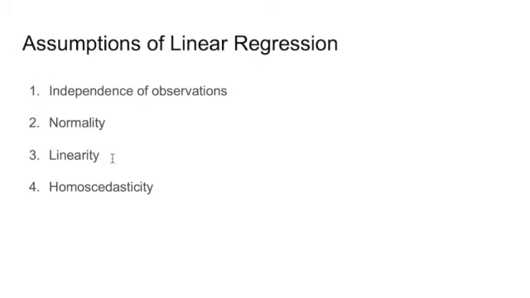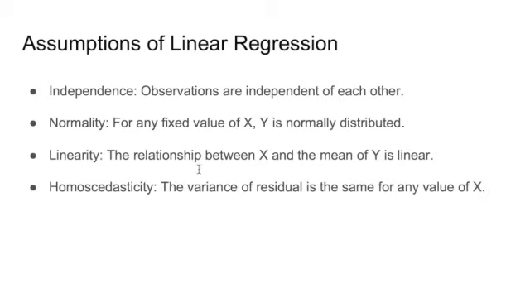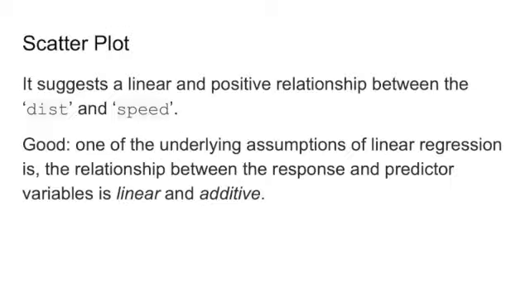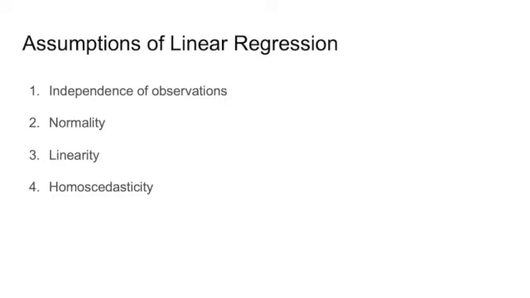Linearity means we have to use some graphic to help us determine whether the data are linearly correlated. For example, the scatter plot is a very good choice. And then homoscedasticity. That means the variance of the residual is the same for any value of x. That is the epsilon part, the part of y that the regression model is unable to explain. We want to make sure that epsilon is the same for all the x's.